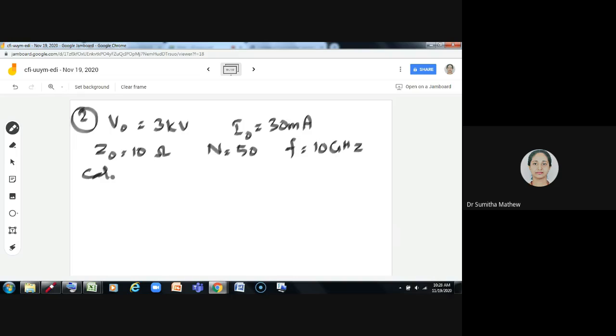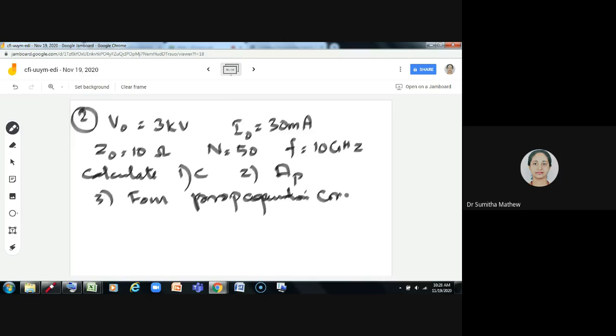Calculate, first, the gain parameter C. Second, the power gain AP. And third, the propagation constants gamma 1, gamma 3, gamma 4. You are asked to find out all these. The first two you can easily do; just now we have done them.